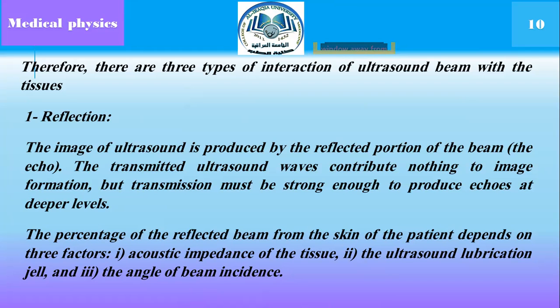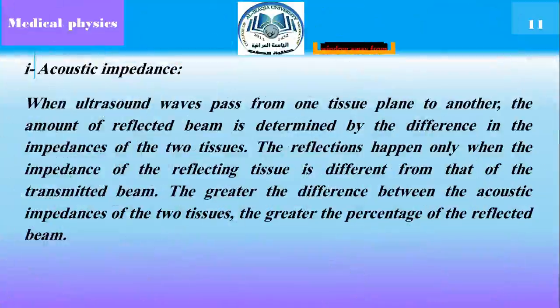First, acoustic impedance of the tissue. Second, the ultrasound diffraction. And third, the angle of beam incidence. Acoustic impedance. When ultrasound waves pass from one tissue plane to another, the amount of reflected beam is determined by the difference in the impedance of the two tissues.